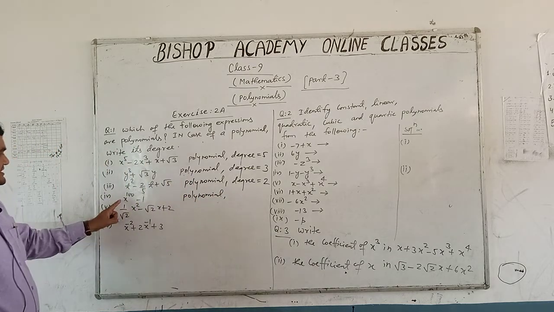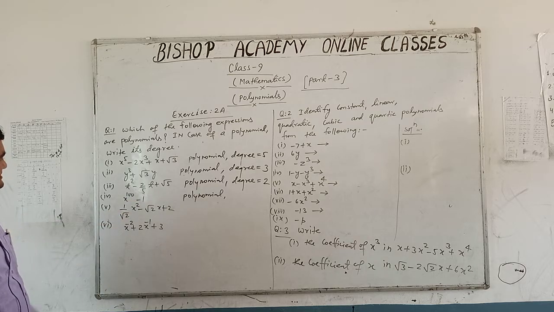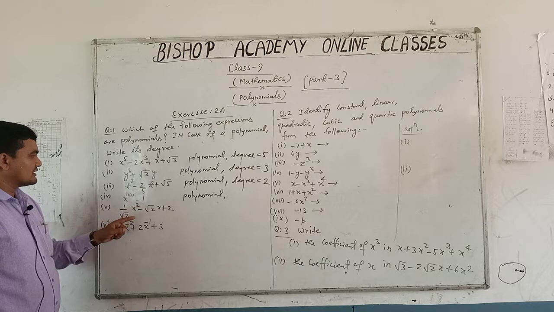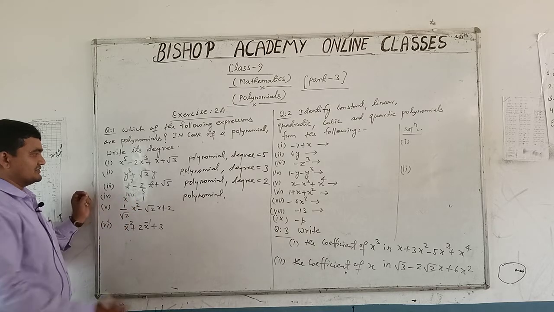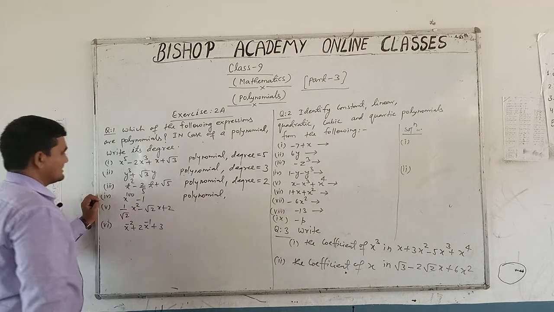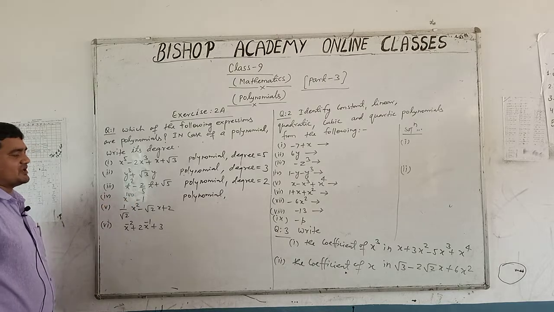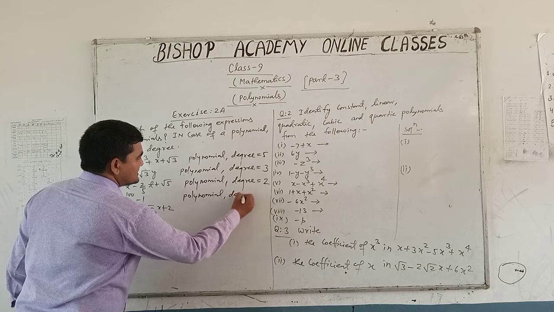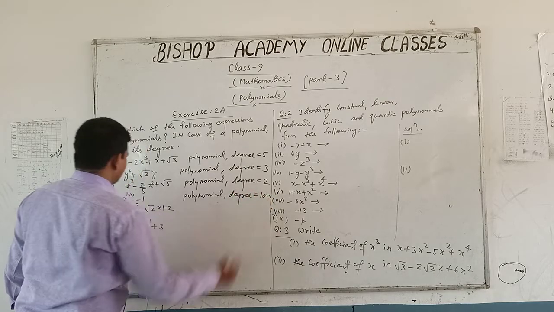because each term of this expression is containing non-negative integral power in variable x. Therefore, it is a polynomial, and highest power of this polynomial is 100. Therefore, its degree is 100.